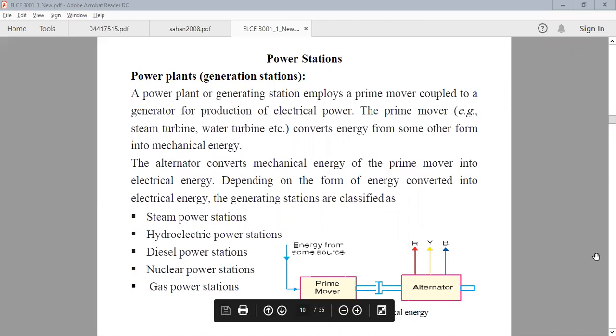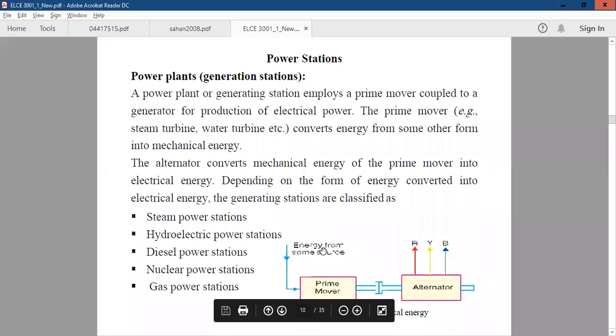The generator consists of two main parts, a prime mover and an alternator. The prime mover is coupled to the alternator. The alternator converts the energy from the prime mover's side to electrical energy.